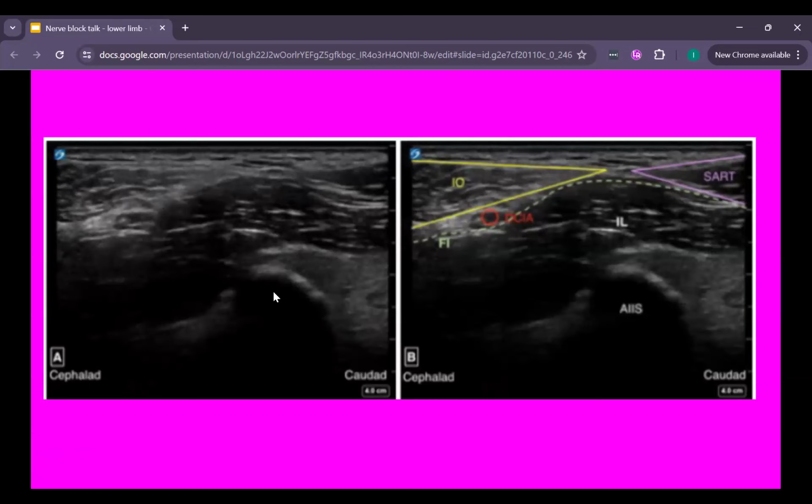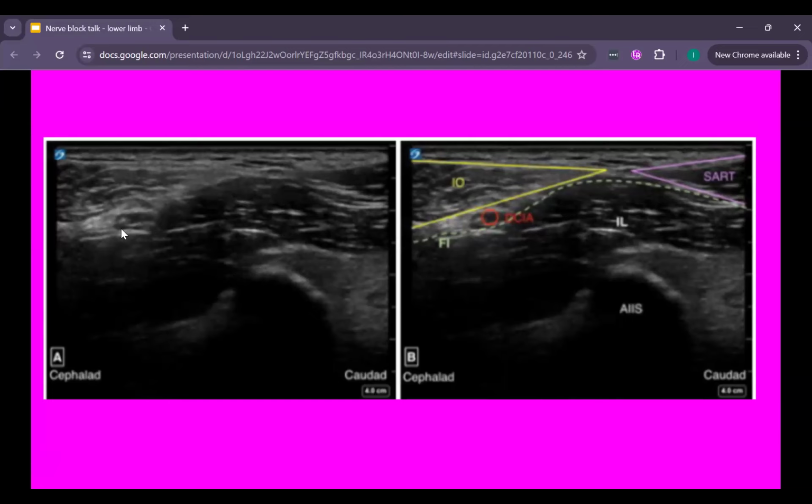What we're trying to do with our ultrasound image initially is see the pelvic brim, this white structure in the middle of the probe. On top of that, we're going to have the iliopsoas muscle, and then we're looking for the bow tie.